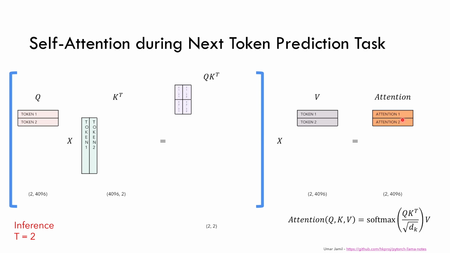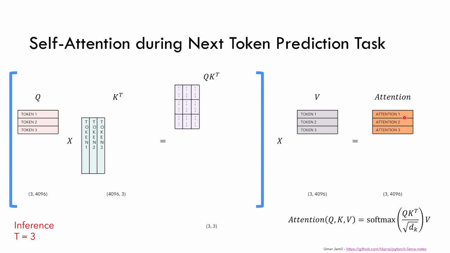But we are only interested in the last token output by the model, so this one, attention 2, which is then appended to the input matrix at time step 3. So now we have 3 tokens at time step 3, which are multiplied by the transposed version of themselves, and it will produce a 3 by 3 matrix, which is then multiplied by the V matrix, and we have these 3 tokens as output.